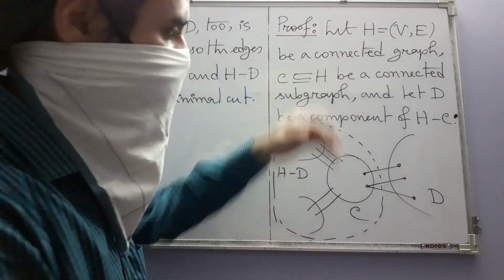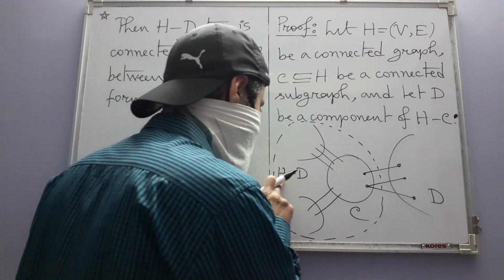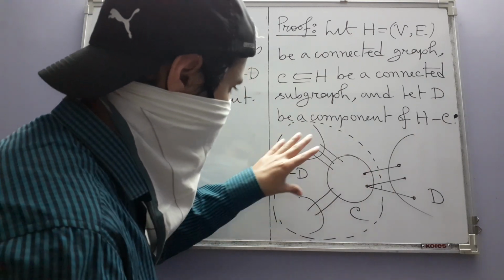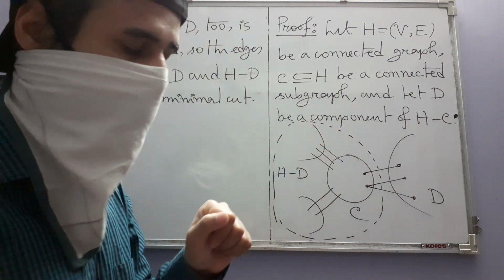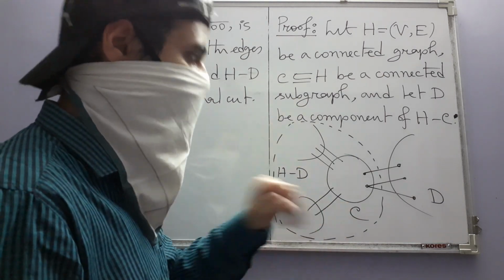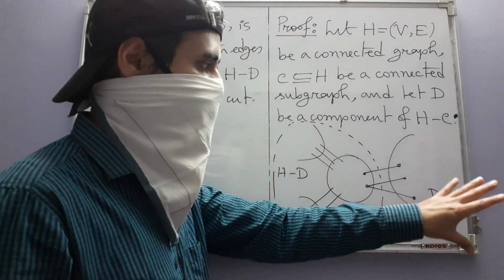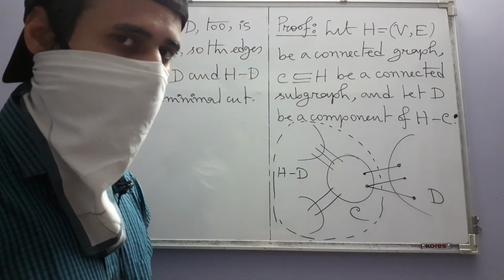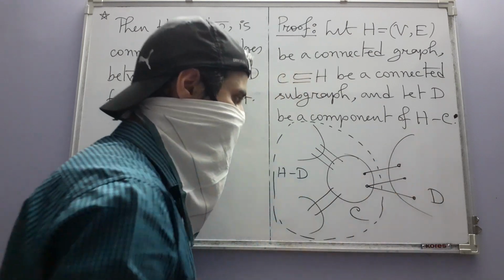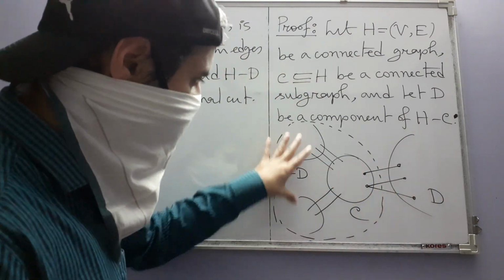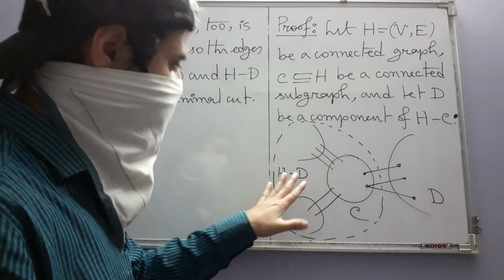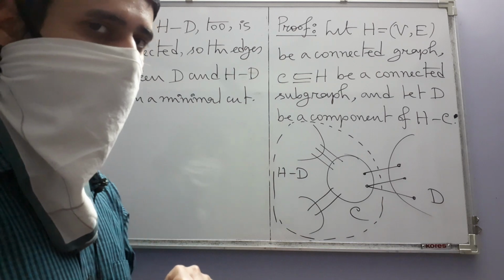And why is that so? That is because if H minus D is not connected, then you have at least two connected components here. But then those two components cannot be made connected if you bring back D. Why? Because the edges that you lost when you removed D have nothing to do with what is happening in this part. So that's why H minus D has to be connected, right?